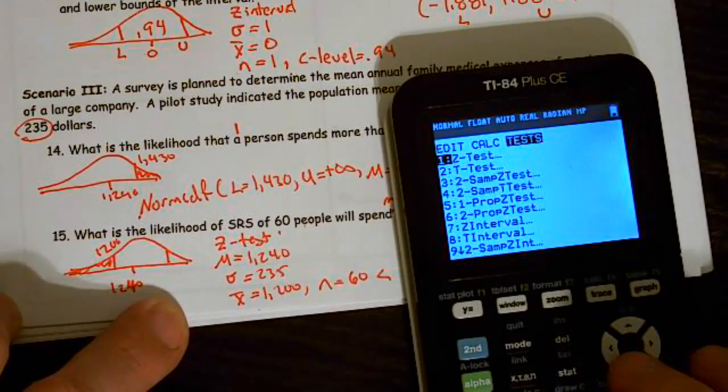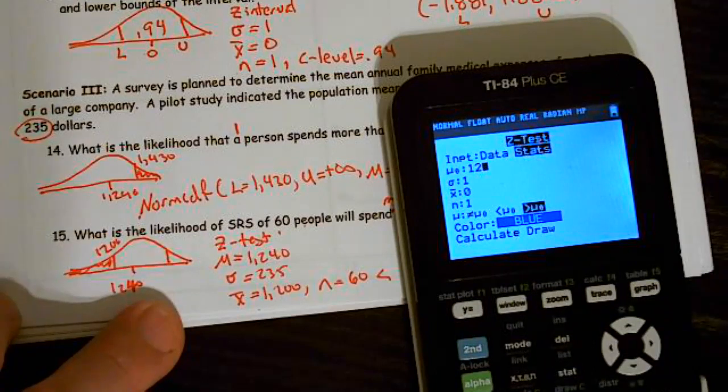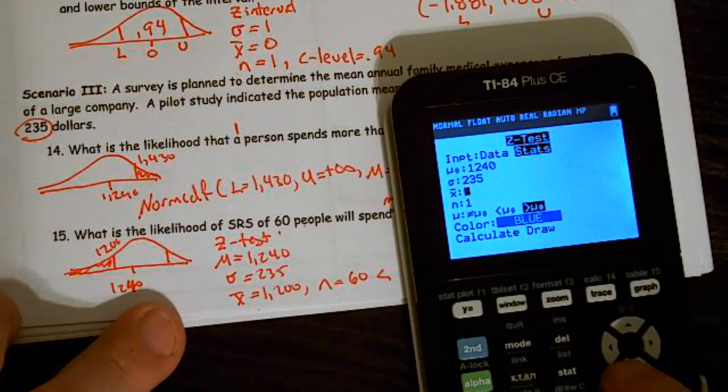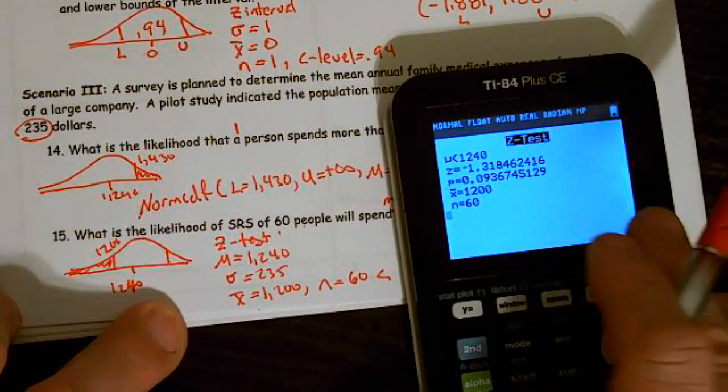Stat, test, z-test, mean 1,240, standard deviation 235, X bar 1,200, sample size 60, shading left, and we end up getting 0.0936.